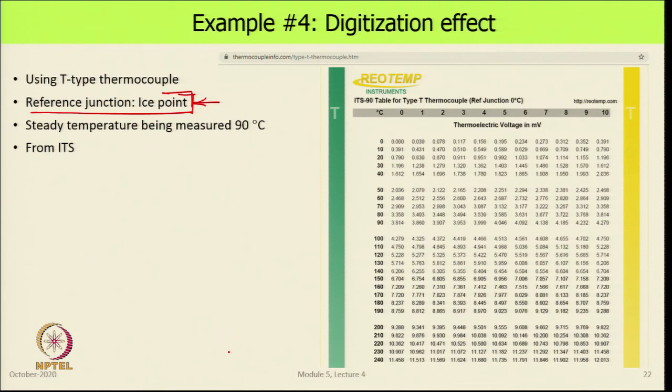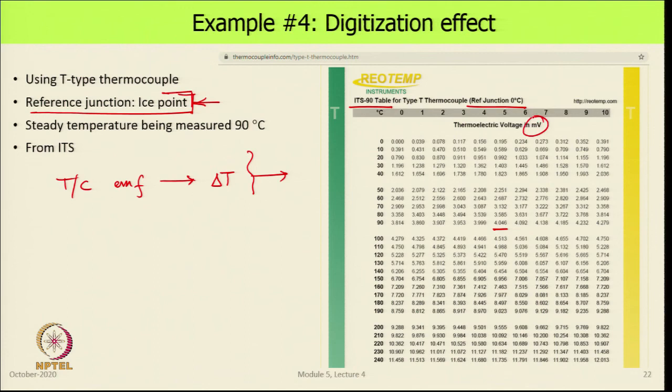And to convert the thermocouple EMF into delta T, we have here, as you can see, the ITS table, International Temperature Scale table, reference junction 0 degrees Celsius. So, one could say, what voltage did I get? You say I got 4.046 millivolts.